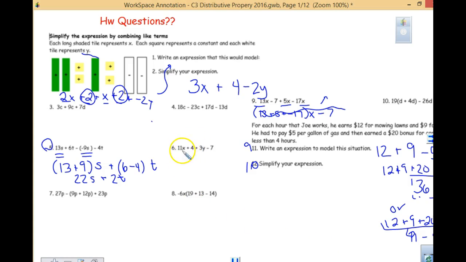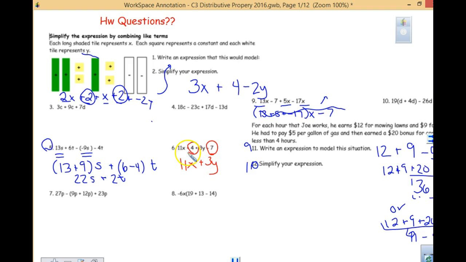So let's look quick at number 6. The only like terms are the 4 and -7. So if I'm writing that, I'm going to have 11x. I'm going to have the y term next. And it doesn't really matter if you put them in exactly that same order. So I'm going to have the 11x. I'm going to have plus 3y.